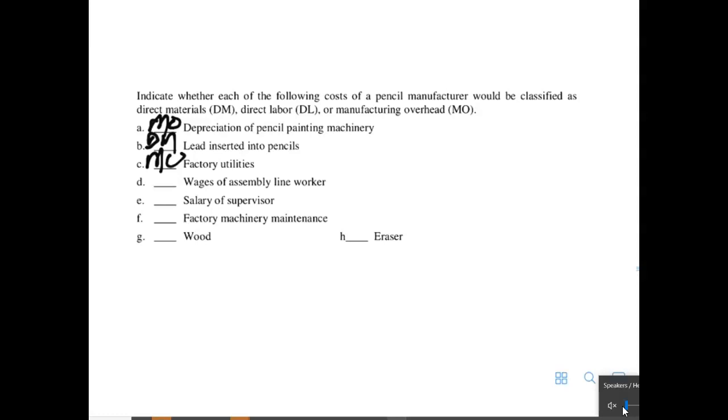Wages of the assembly line worker. I can measure that. That's direct labor. Salary of supervisor, no. Difficult to measure that, so it's manufacturing overhead. Factory maintenance machine, manufacturing overhead. The wood that goes into pencil, definitely direct material. And the eraser, direct material.